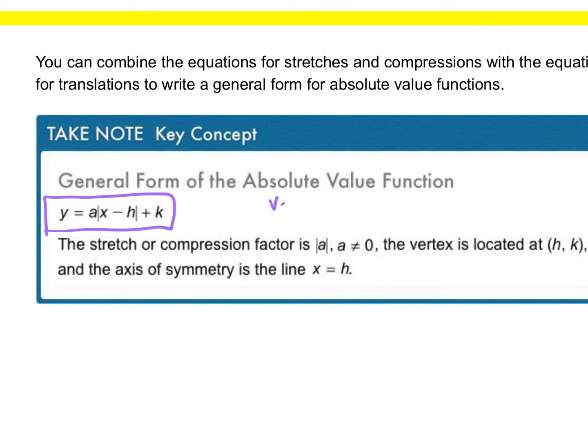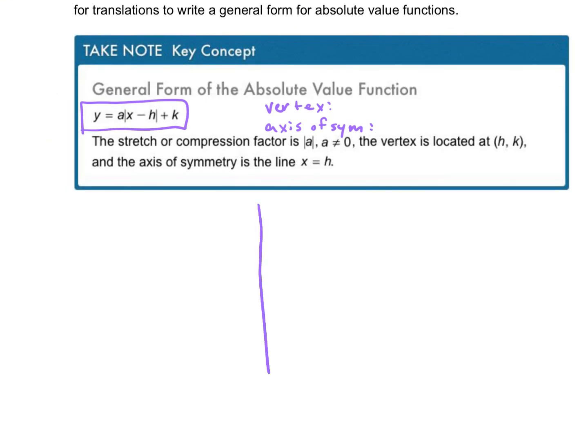We are going to have to identify our vertex and the axis of symmetry, which in our graph, so if I have a graph here, my absolute value graph, the base, so where the bottom part is, that sharp corner, that is my vertex.